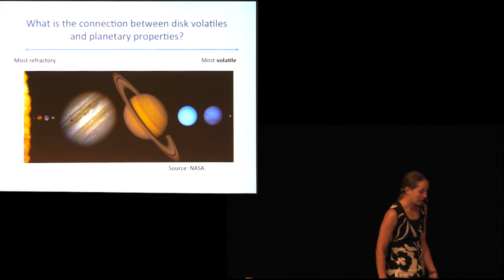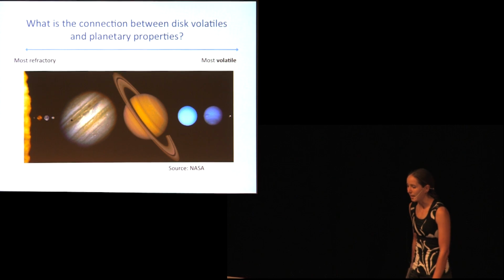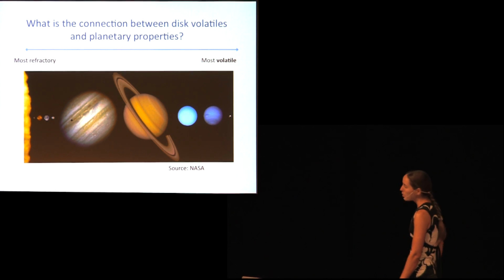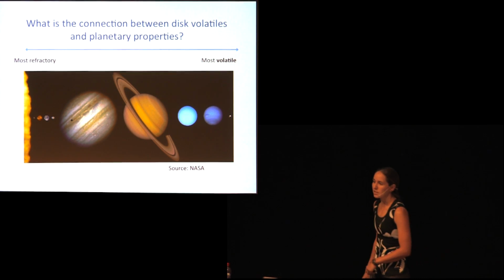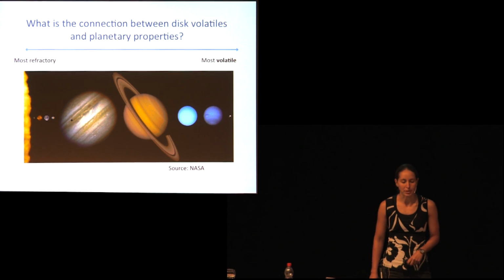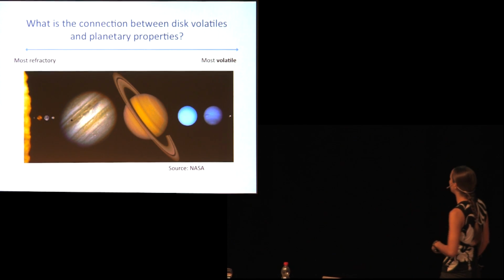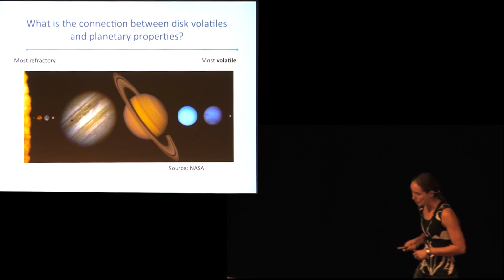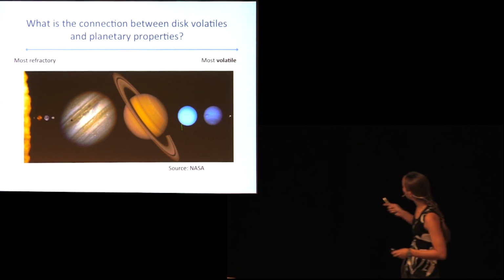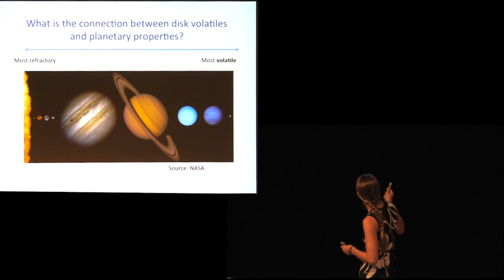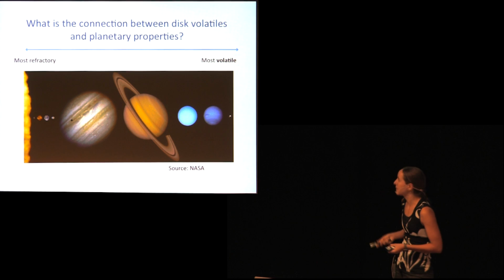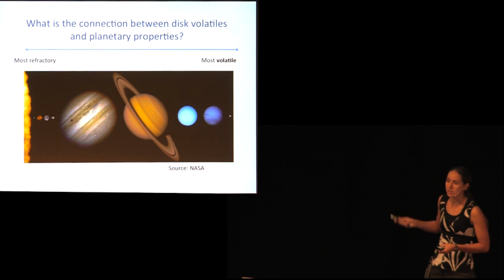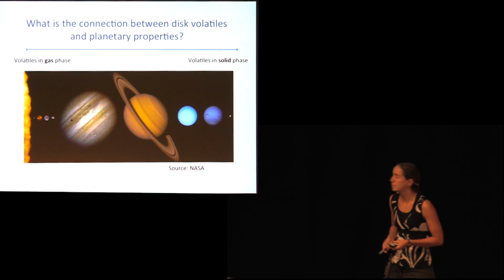I don't have the chance to cover everything in our chapter today, obviously, but what I want to focus on is the connection between disk volatiles and planetary properties. So let's think about the solar system for a minute. We know that in the outer solar system we have volatile-rich planets, while in the inner solar system we have volatile-poor planets.